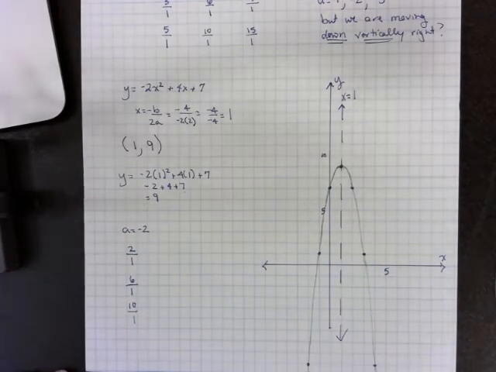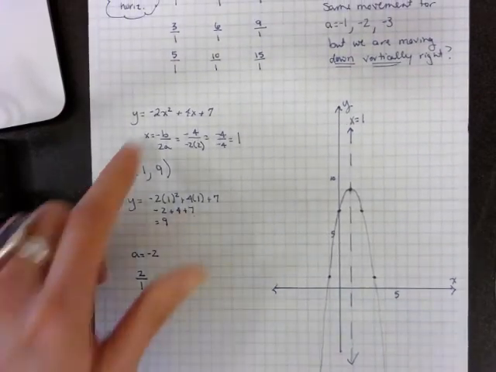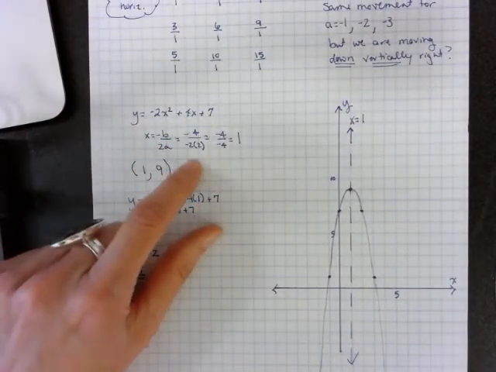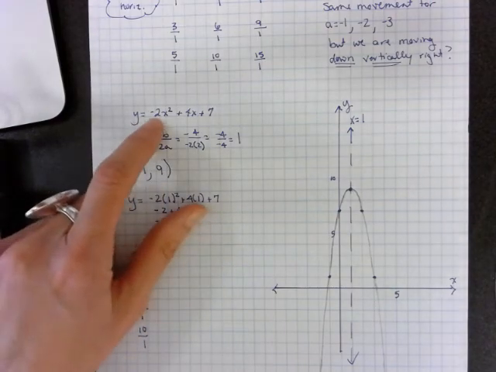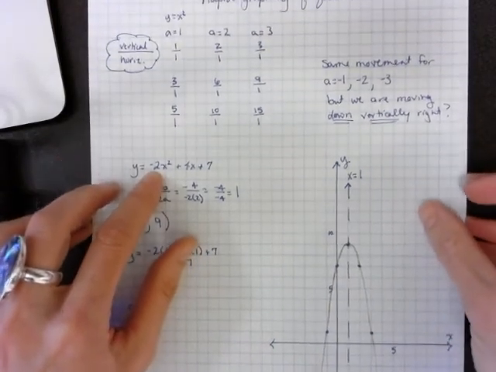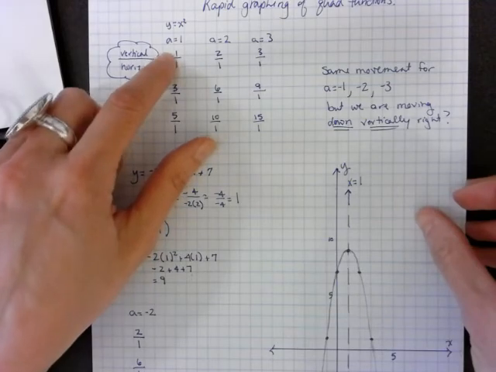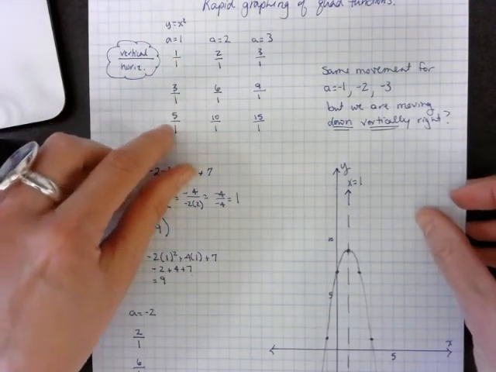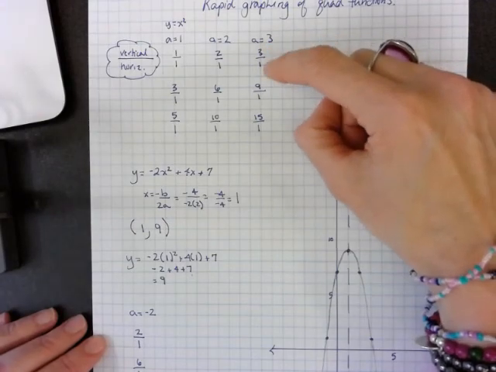Now, what would happen if I gave you a different equation? Again, you have to identify your vertex. You have to identify your A, so you can decide what kind of rapid graphing you're going to do. If the A is 1, I'm just going to move 1, 1, 3, 1, 5, 1, just like we did in class today. If the A was 3, I would move 3, 1, 9, 1, 15, 1.